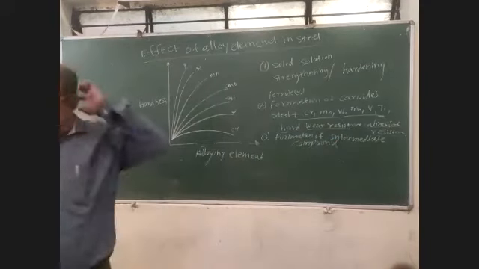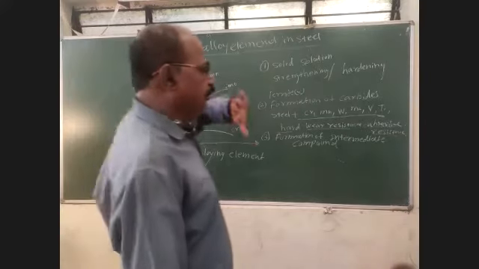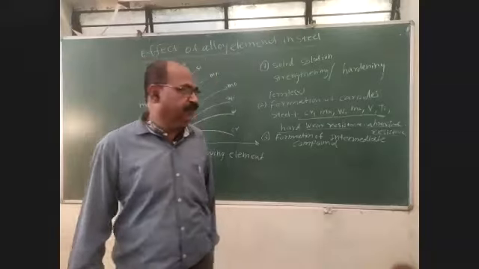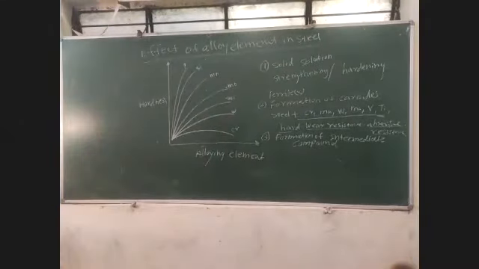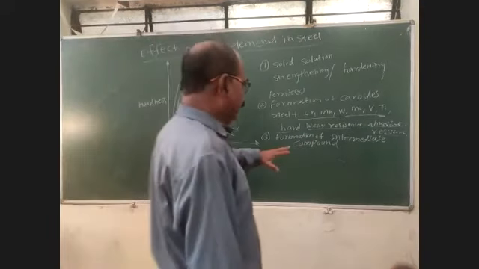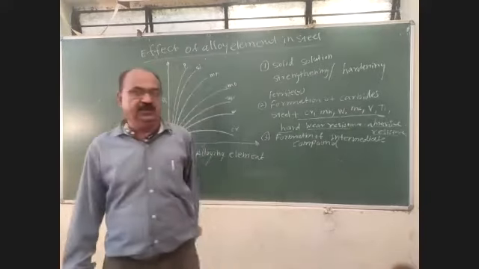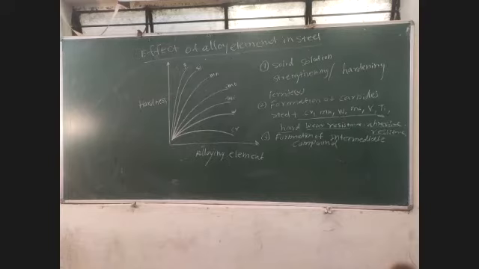Intermediate compounds means, already we have seen solid solution, two types, completely soluble in each other. One is interstitial solid solution and second is substitutional solution. But away from these two, one other thing will occur. This is intermediate compounds. Already we have seen in the first chapter what is that intermediate compound.